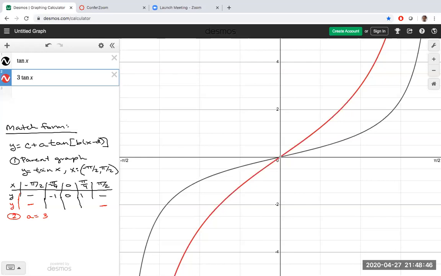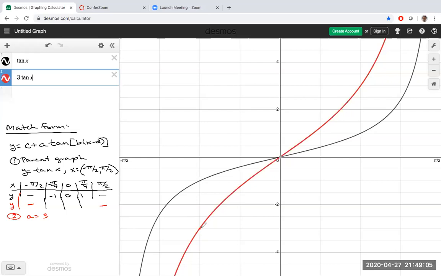But now, notice that at negative pi over 4, instead of being at -1, we've shifted to -3.